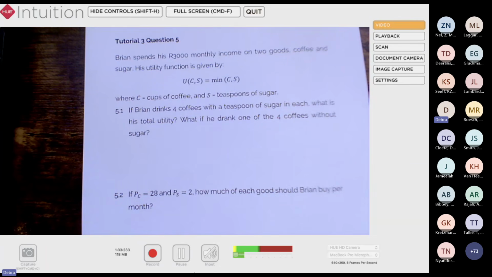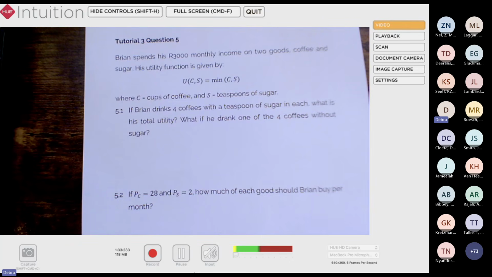Okay, actually, I'm just going to respond to Ms. Ngube's question in the chat. When we're given these 2 products, how do we know which one goes on the x-axis and which one on the y-axis? So in most cases, you will be told. In cases where you have product X and product Y, X goes on the x-axis and Y goes on the y-axis, okay?